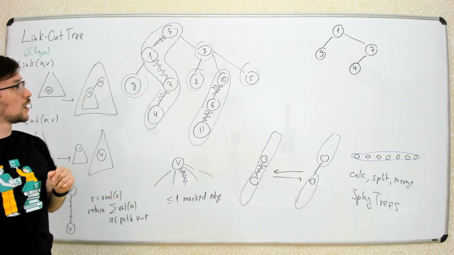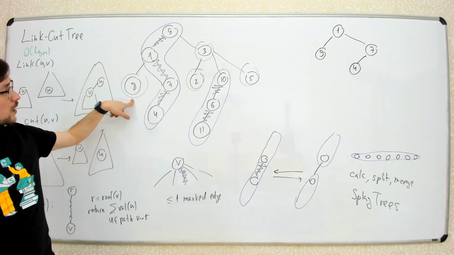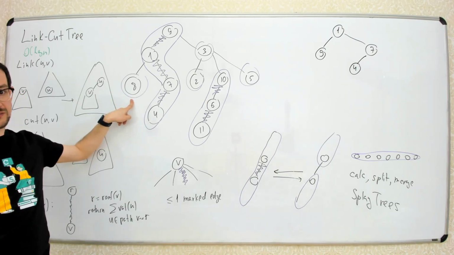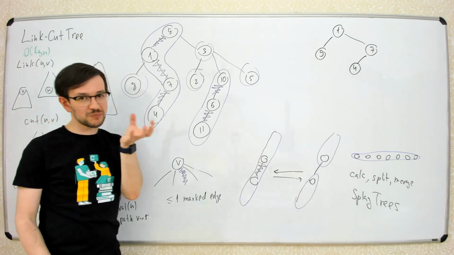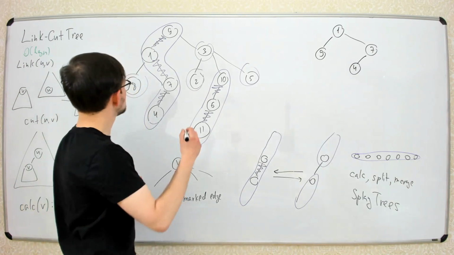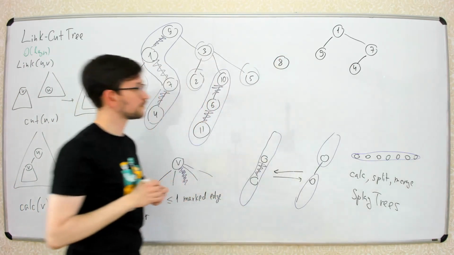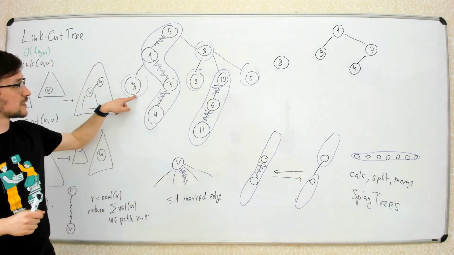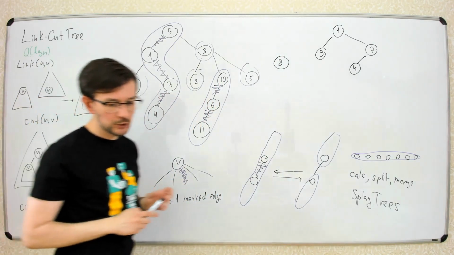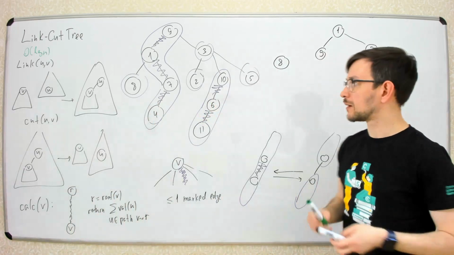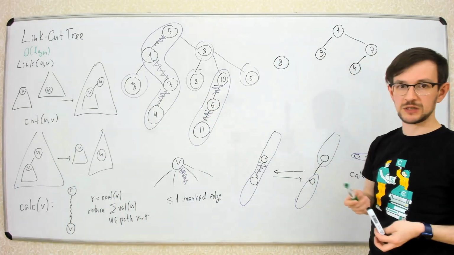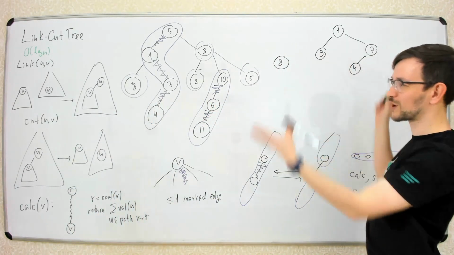Cool. Now here is node 8. Node 8 is simply a splay tree of one node. It's quite simple. Now for this path, we need to remember the parent of this path in this whole decomposition.